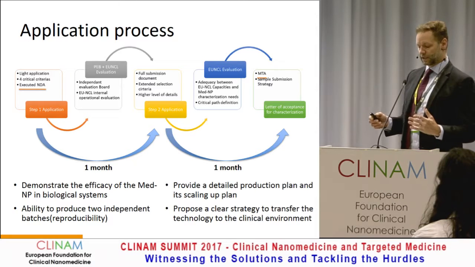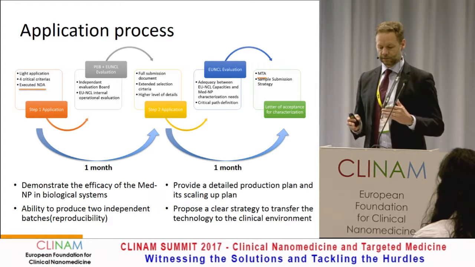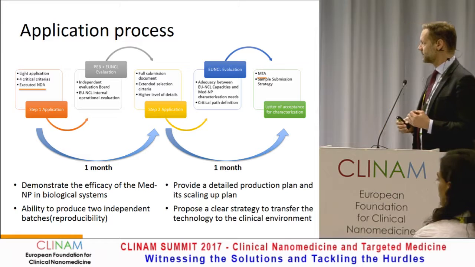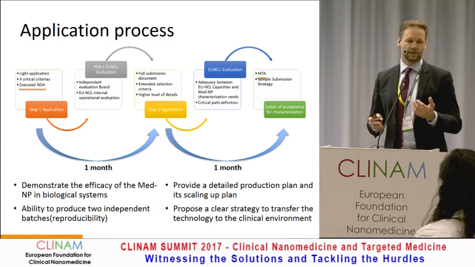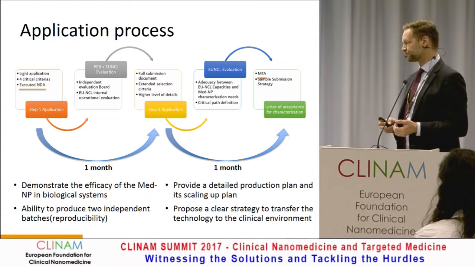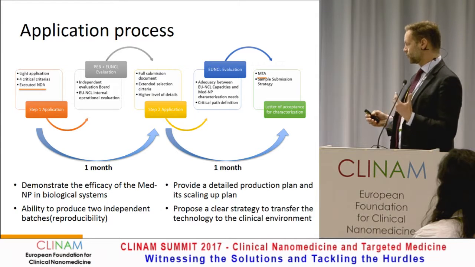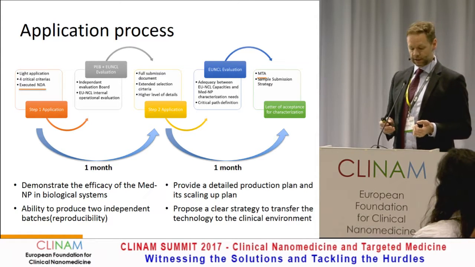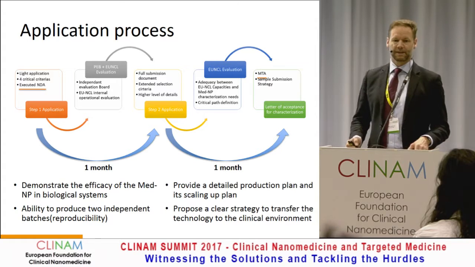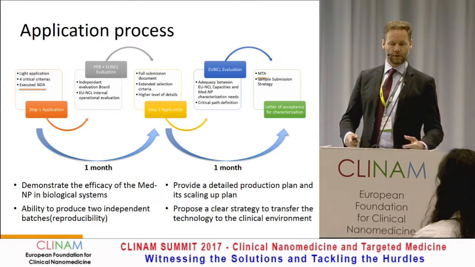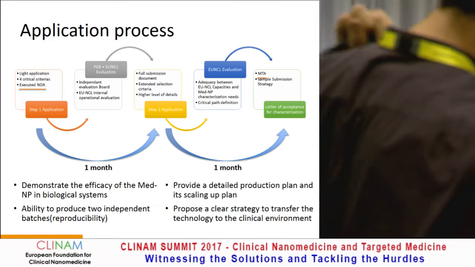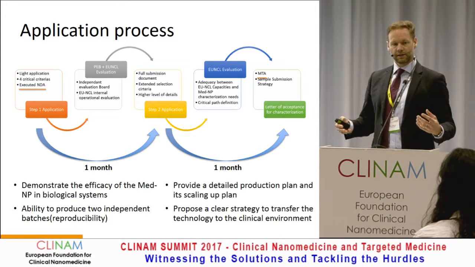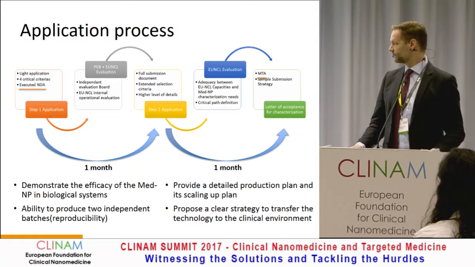So the first application and the first step, which is critical, has to really focus on 4 main criteria. First, to demonstrate efficacy in a biological system, and in vivo would be preferred, of course. Then the ability to produce 2 independent batches. It was clearly mentioned by Adriele that the material quantity, if we go to the in vivo part of the cascade, will be really mandatory to have a high quality and a high quantity of material.